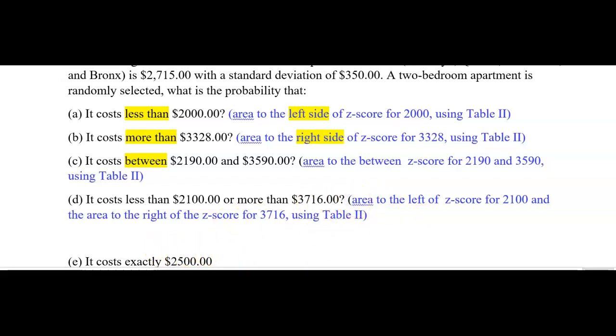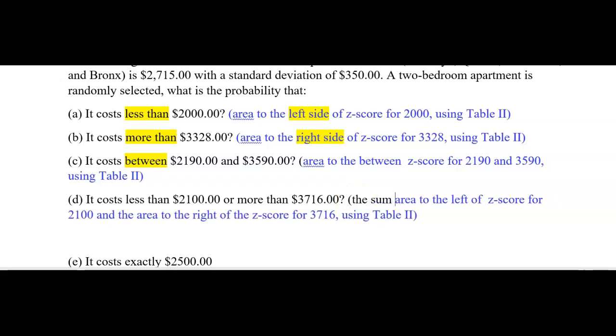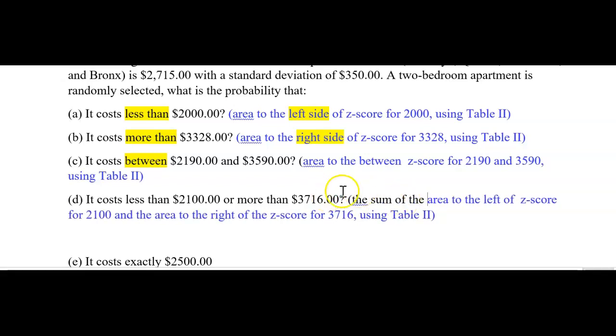Right? So we should put here it's the sum of the area to the left of the z-score for 2100 and the area to the right of the z-score for 3716. Right?